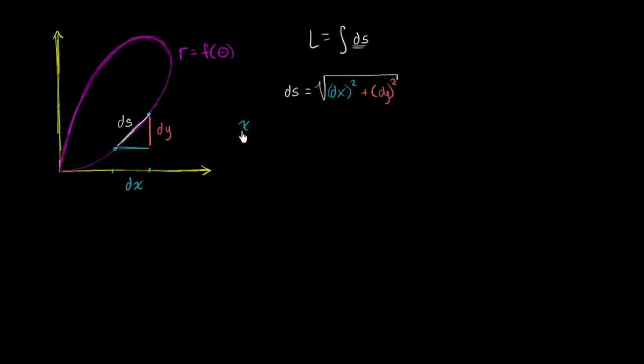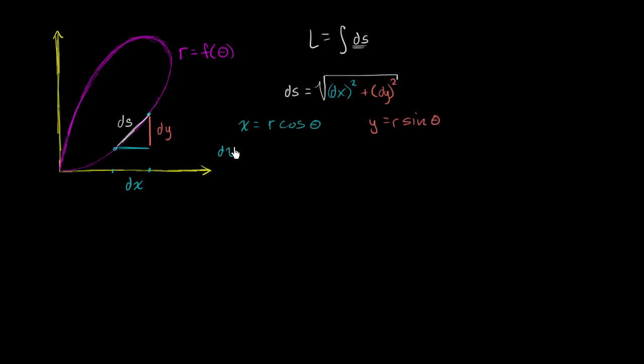So x, we know, is going to be equal to r cosine of theta. And we first saw this when we were first going back and forth between polar and rectangular coordinates. And y is going to be r sine of theta. And now we can use this to say what dx and what dy are going to be.